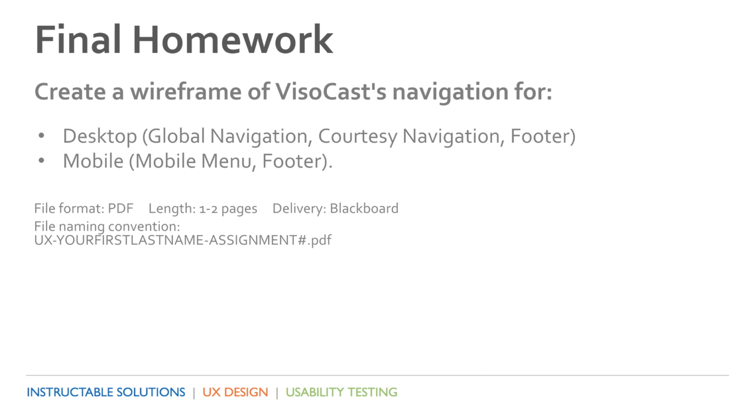Before we get into the surface plane, just a quick review of the final homework assignment that is due in just about 1 week's time. Your homework assignment entails creating a wireframe for VisoCast's navigation. We'll need you to do a wireframe of navigation for desktop, including the global navigation, perhaps a courtesy nav, maybe a footer navigation.